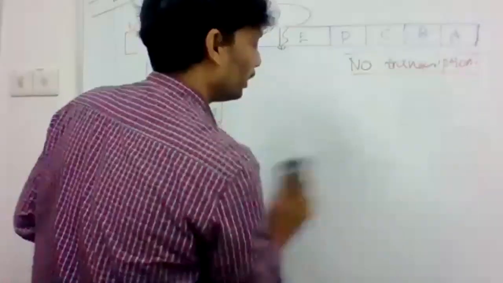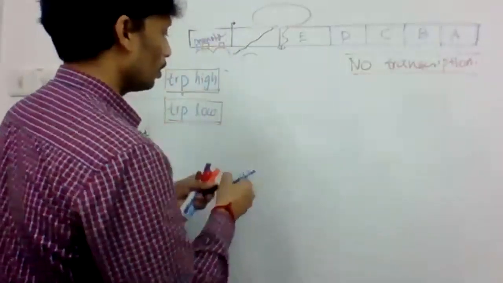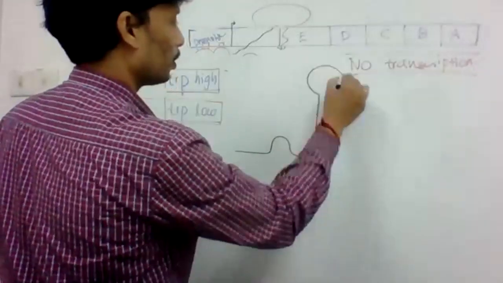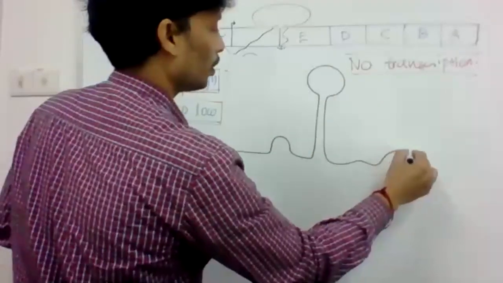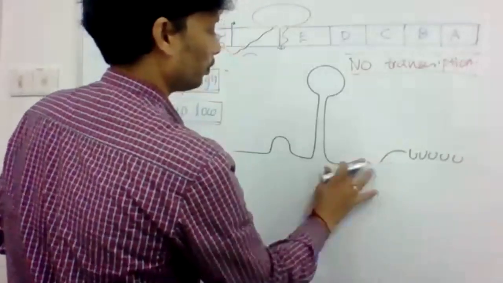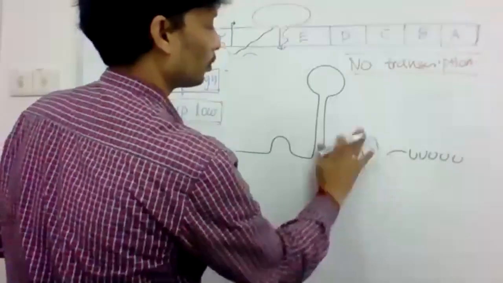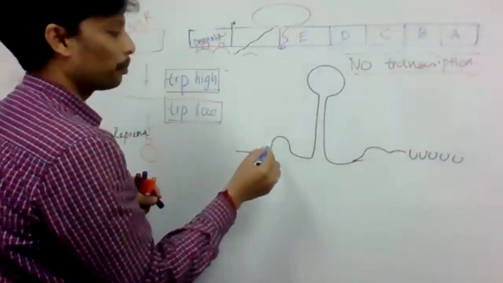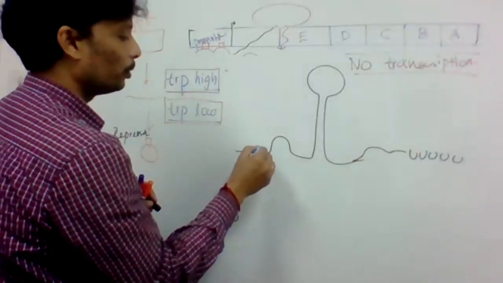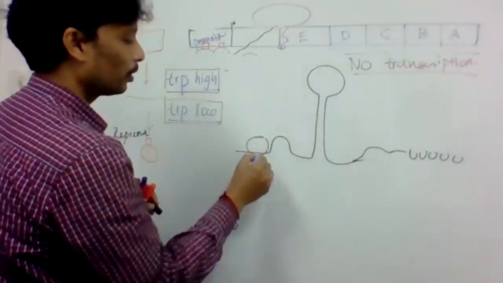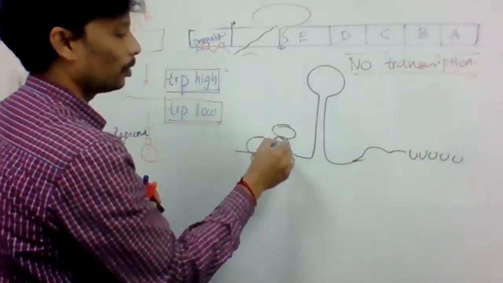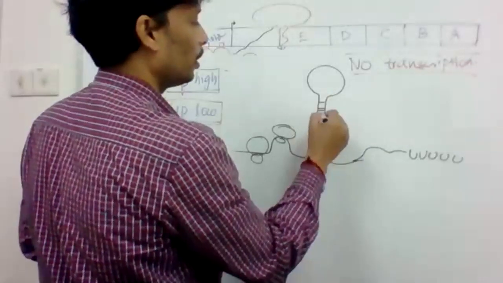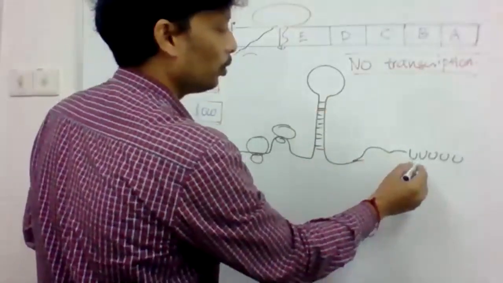It is going to be formed in a different way, something like this. So the ribosomes are going to be stalled somewhere here, and it has a different stem loop structure, with poly U here.